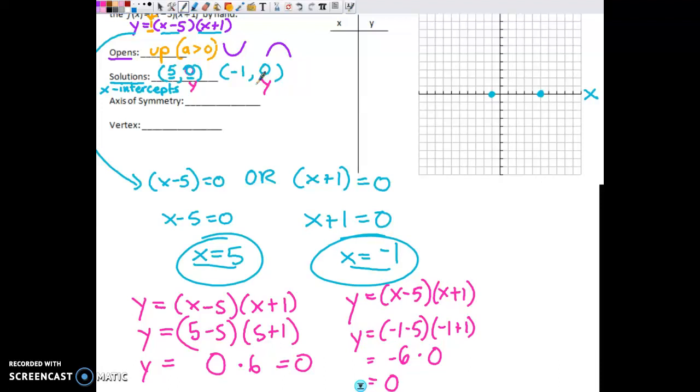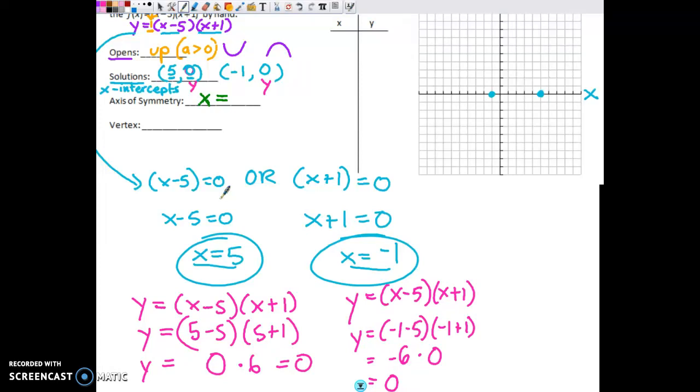Now, to find the axis of symmetry, the axis of symmetry is going to be a vertical line. The equation of the axis of symmetry is always, in this class when we're graphing parabolas, going to start as x equals.